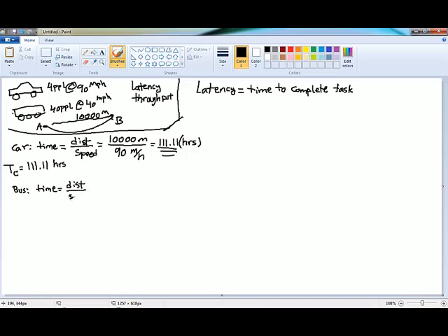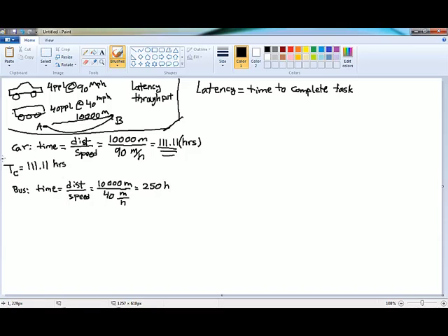In terms of my bus, the time that it takes is measured again as the distance traveled over the speed of my travel, which is the same distance, 10,000 miles, over now the speed of 40 miles per hour. So dividing this will give me 250 hours.